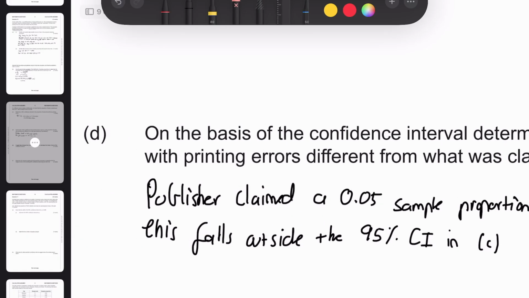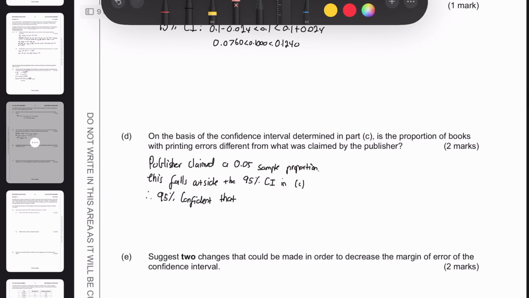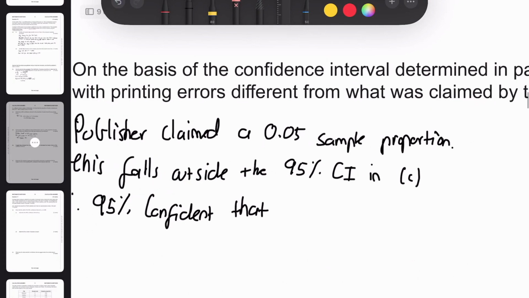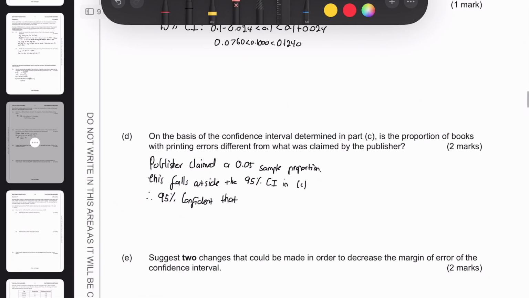Therefore, 95% confident that, oh, it's just asking if it's different.